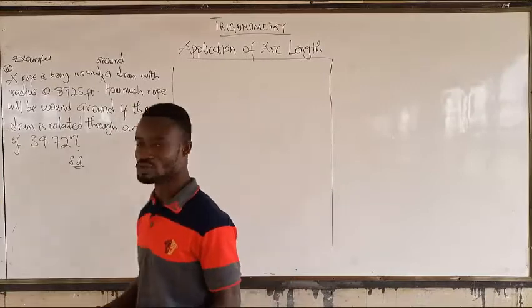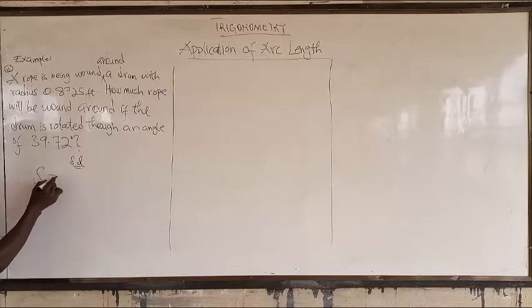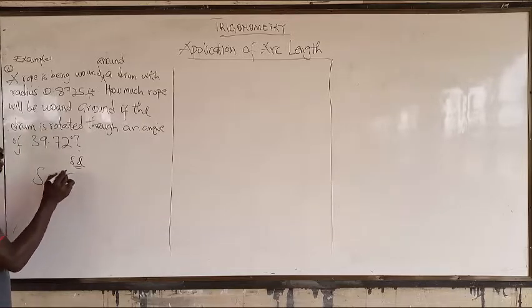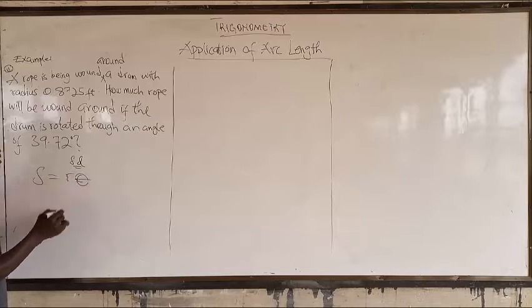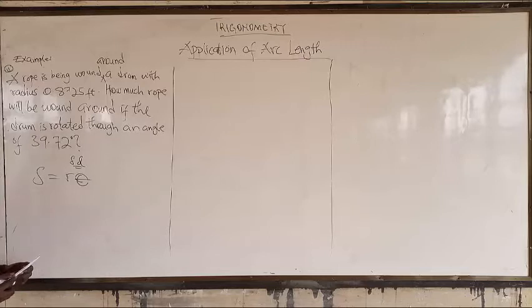So to start, we need to recognize our formula for the arc length, and that is the arc length is equal to the radius times theta, that is the angle. Very good.